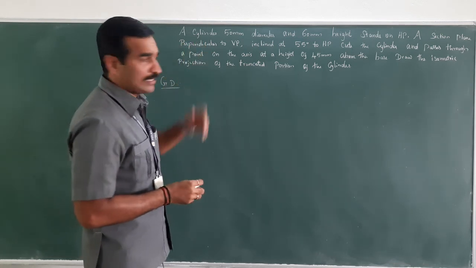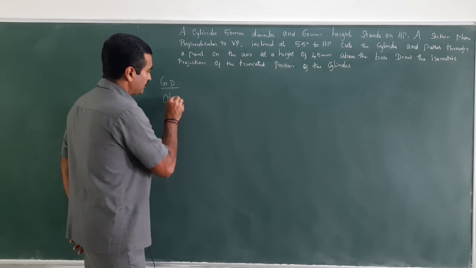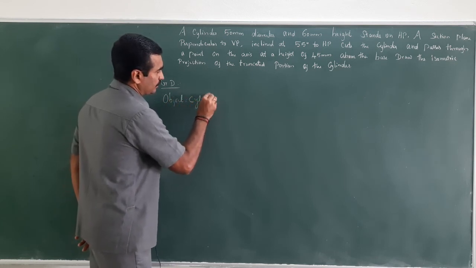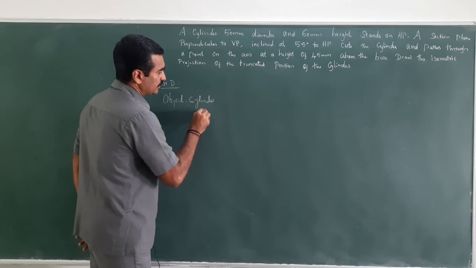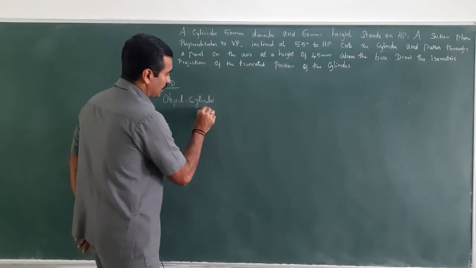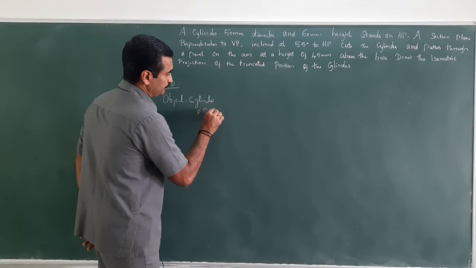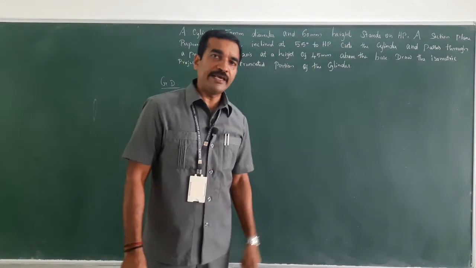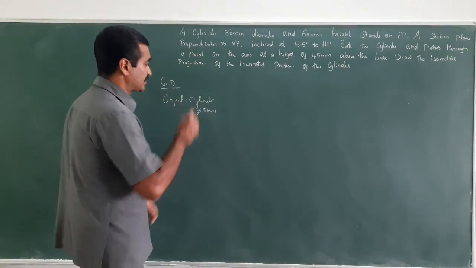Here the object is a cylinder of diameter 50 mm and 60 mm height, which is nothing but the axis height or altitude or axis length.